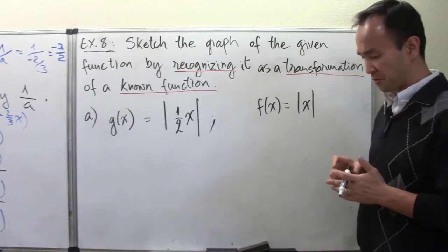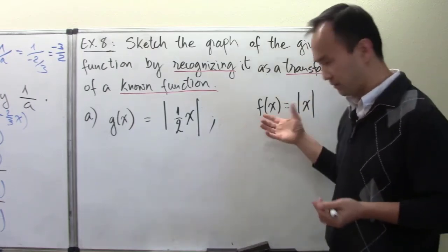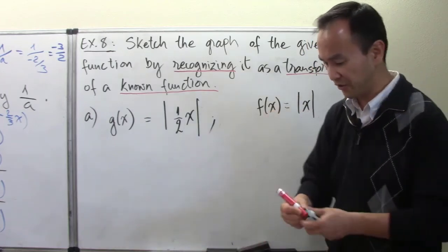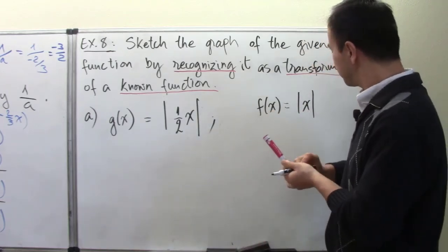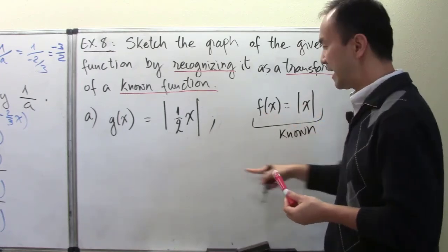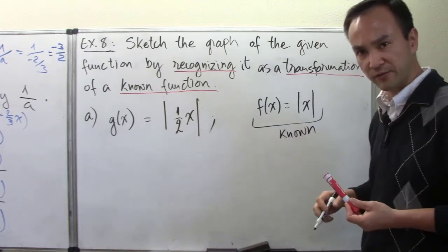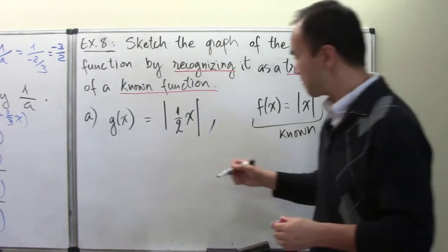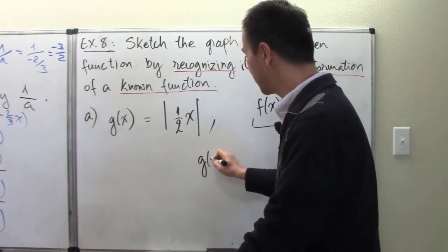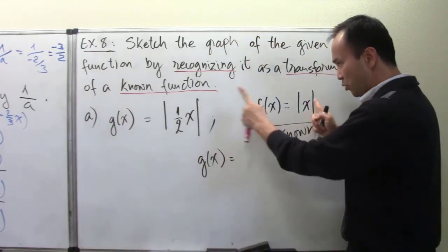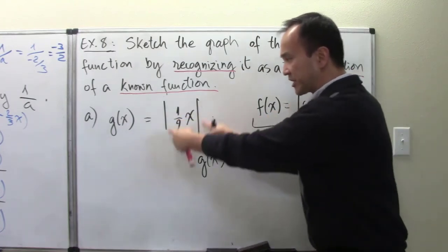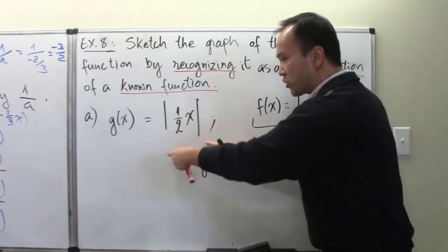With this function known, and the reason I see this is a known function is because we have seen it in the toolkit functions, upon knowing this, how is g of x connected with f of x? Algebraically, f of x is almost identical to g of x, because we have absolute value.